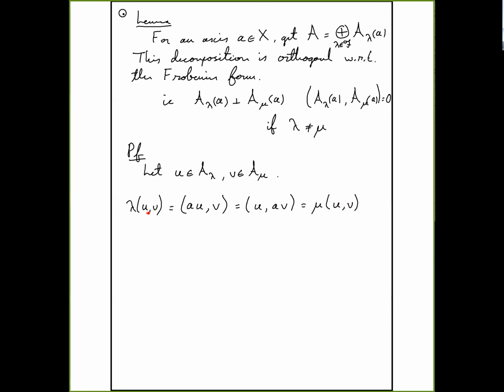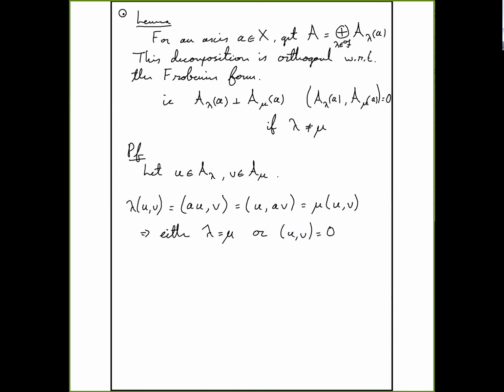But now I have UV here and UV here, and so this implies that either lambda equals mu or UV is 0.